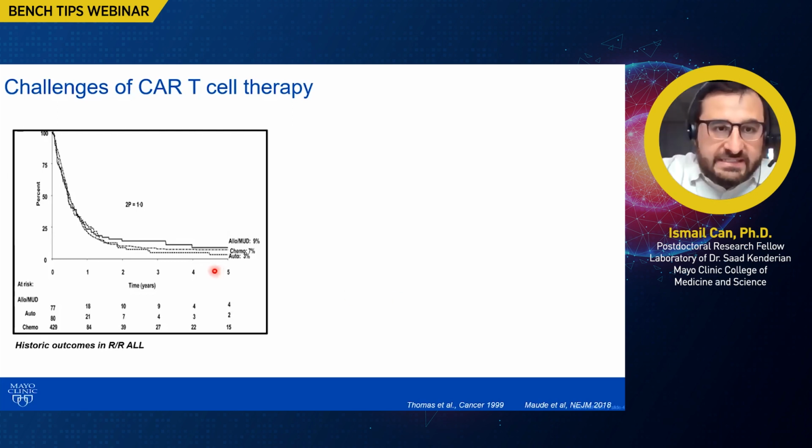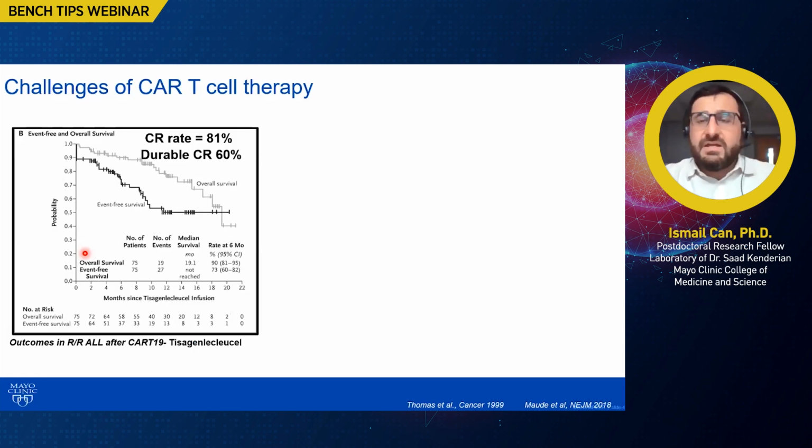If you notice, the 1-year survival is almost below 25%. And now with the introduction of chimeric antigen receptor T cell therapies, we see that this moves up to almost 80%. So that's great.